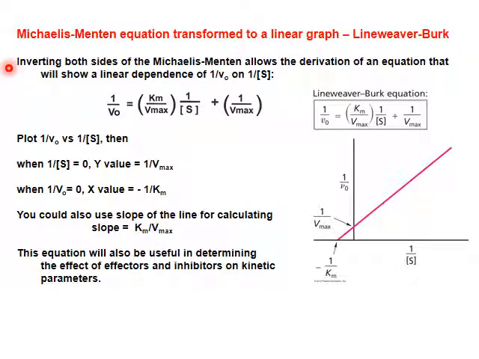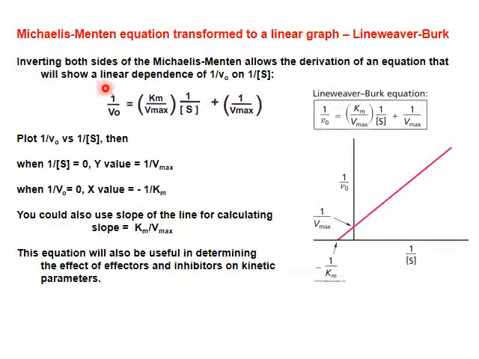It's still the same thing, just a different way to express it. V over K is the second order rate constant, like Kcat over Km, and Vm or Vmax is the same thing as well. It's just a different abbreviation.